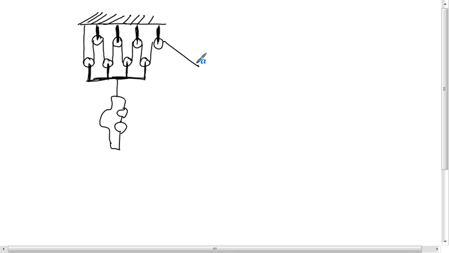Okay. And the question is, what's the tension that has to be applied to this cable to hold those up? Yep. Yeah, that's exactly right.